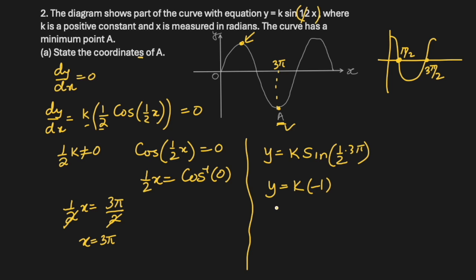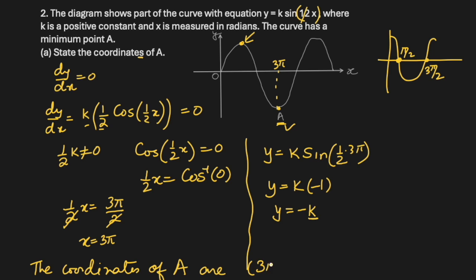So y is equal to minus k, and that makes sense. It is below the x-axis, it's minus k. So the coordinates of A are 3 pi comma minus k.